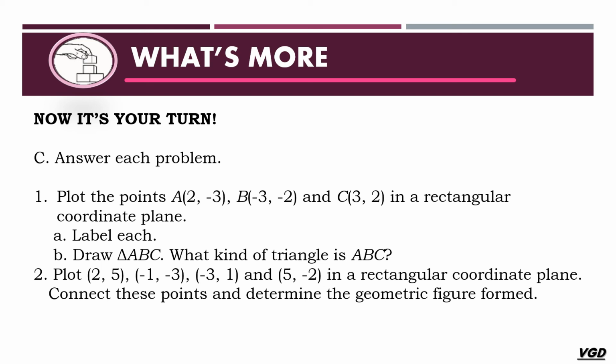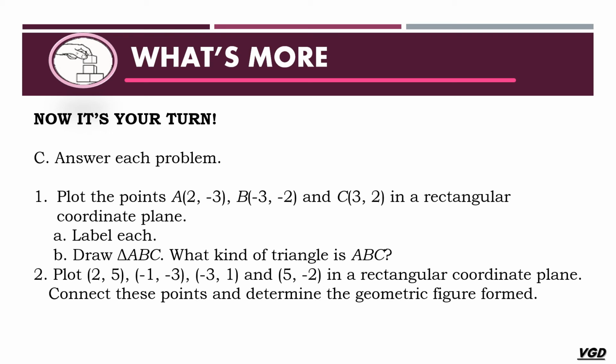C. Answer each problem. Number 1, plot the points: A, which has the coordinates +2 and -3, point B with the coordinates -3 and -2, and point C with the coordinates 3 and 2 in a rectangular coordinate plane. Next, label each coordinate in the coordinate plane. B. Draw triangle ABC. What kind of triangle is ABC?